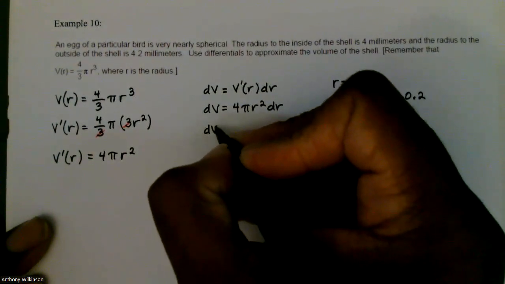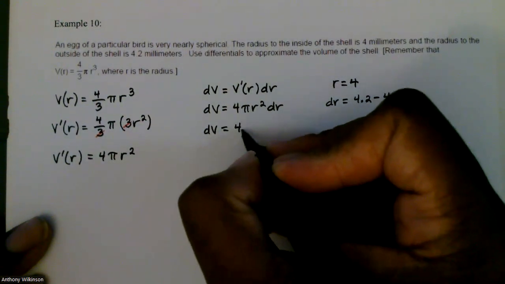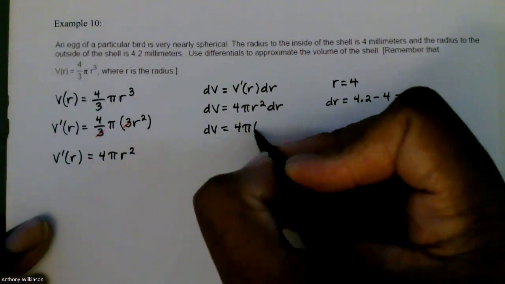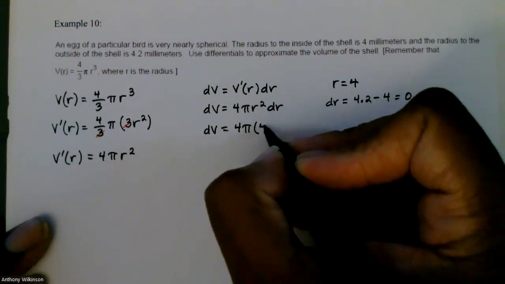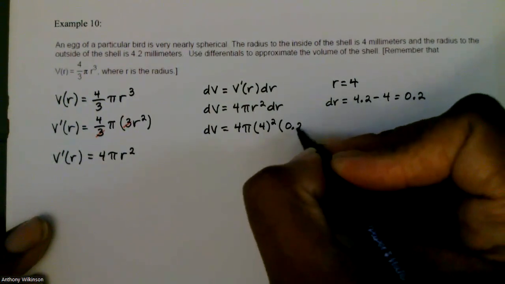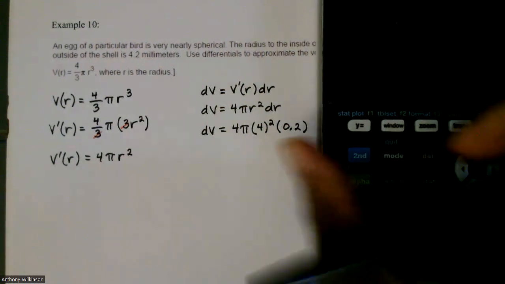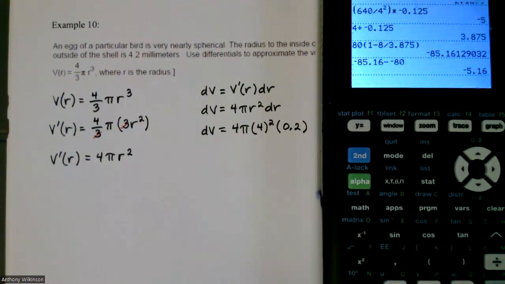So here the change in volume would be 4 pi times the radius, which is 4, squared, times 0.2. All right, so in this case, let's say we use 3.14 for pi.